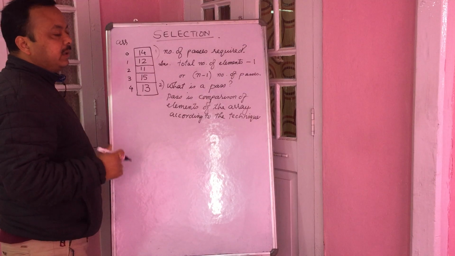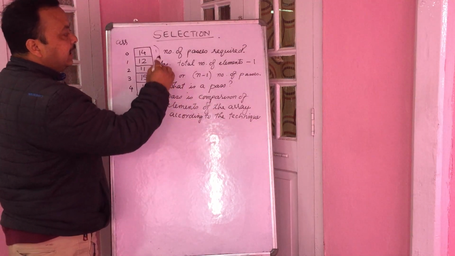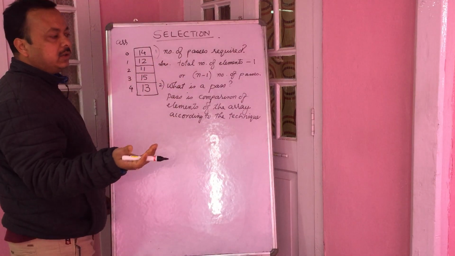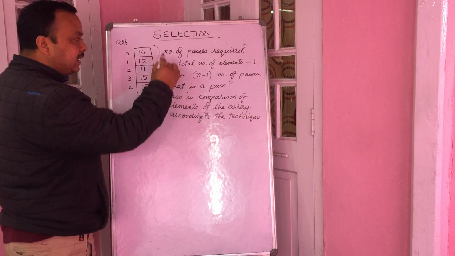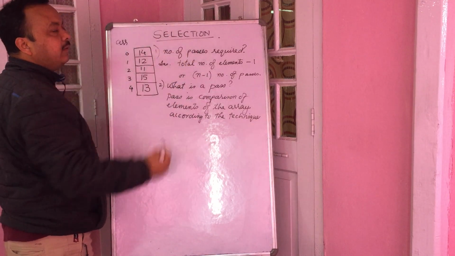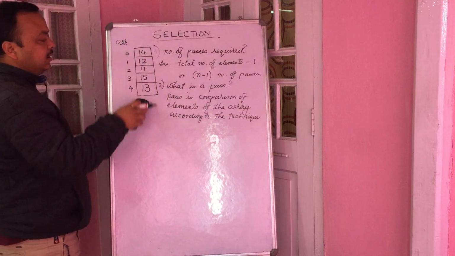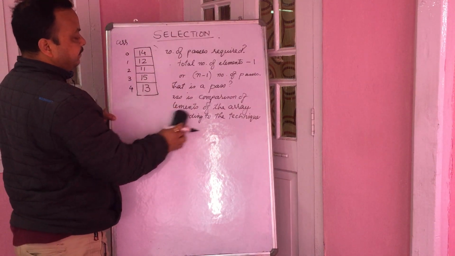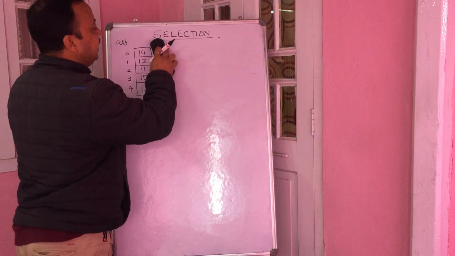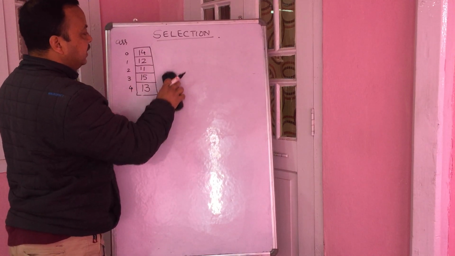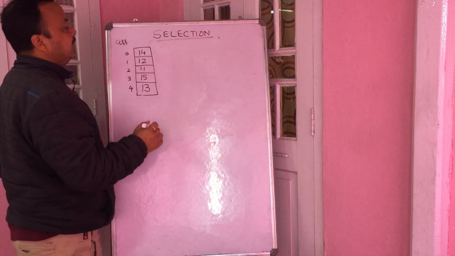But ultimately what we need to know is what a pass is and how many passes are required. If we know what we are doing in a pass and how many times we are doing it, then we have achieved our selection sort. So let us try and sort this out. As I have told earlier, any moment you feel that you did not understand, kindly pause or go back and watch it again.